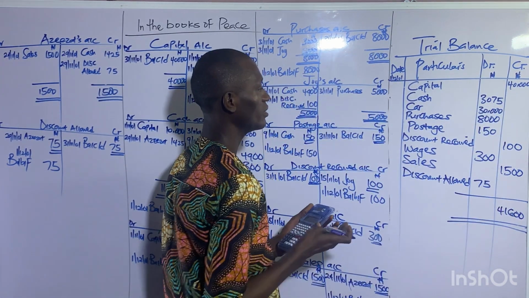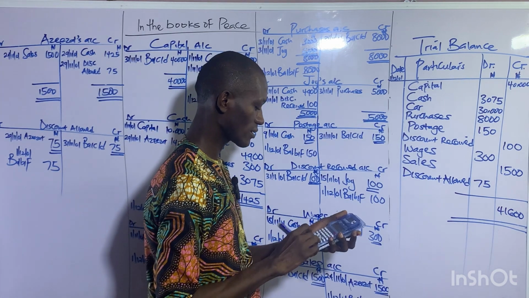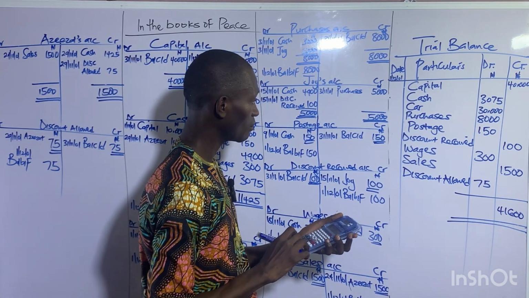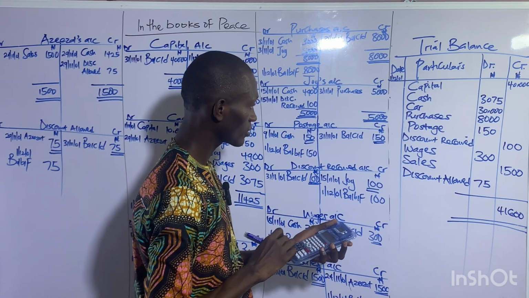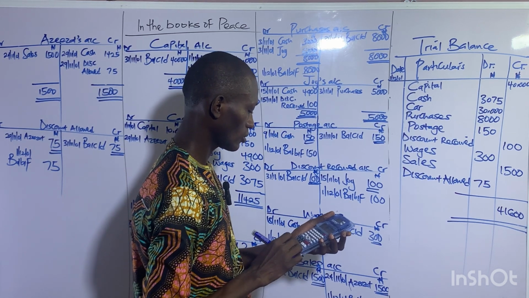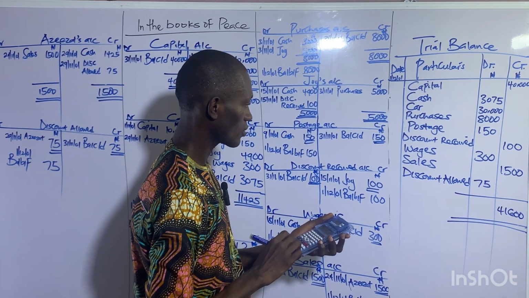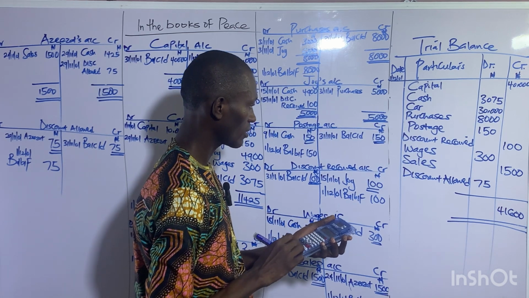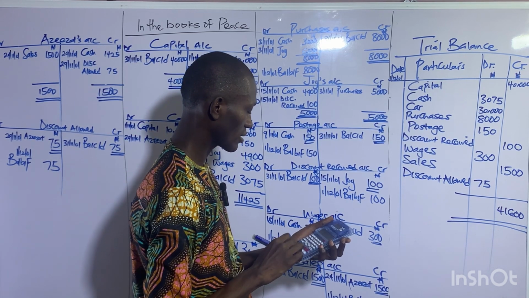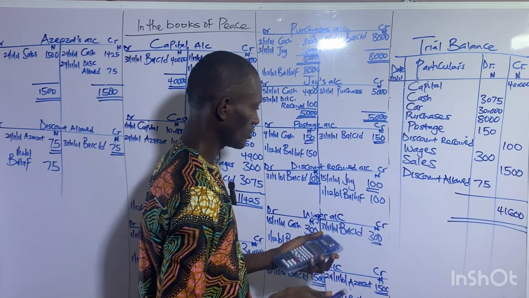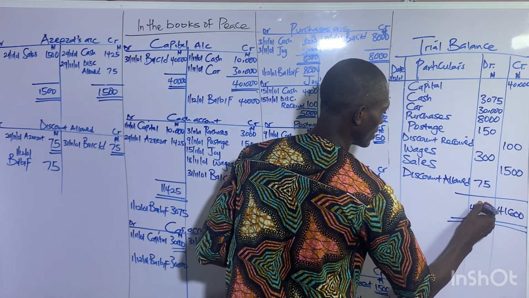Then for the debit side now, let's add. That's 3075 plus 30,000 plus 8,000 plus 150 plus 300 plus 75. So that gives us 41,600.